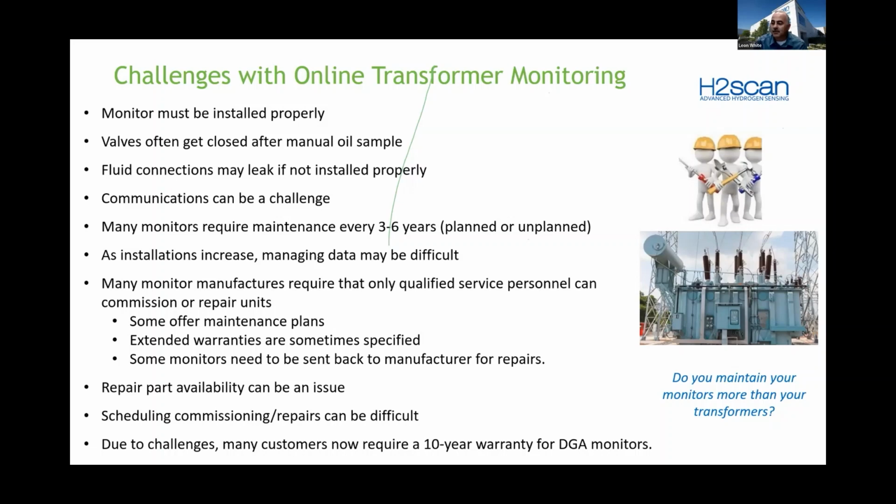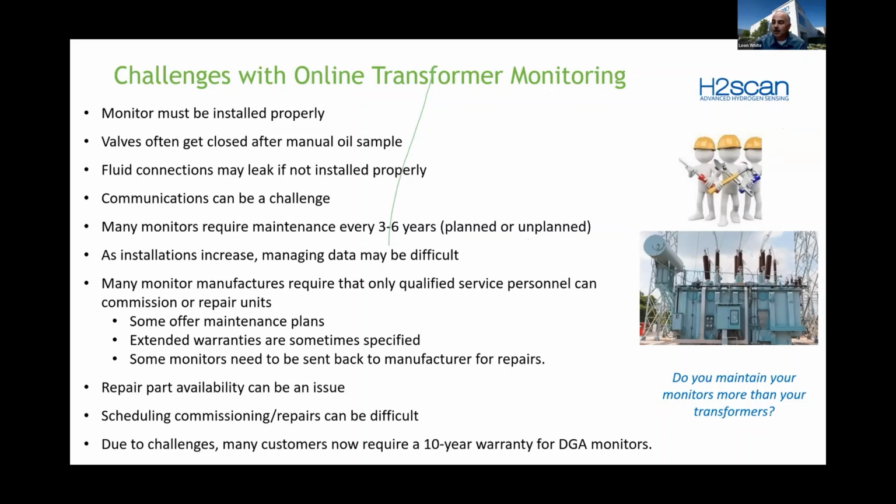As installations increase, managing the data can be difficult. So if you have a handful of monitors on your system, bringing the data back usually isn't a big deal. If you're a large utility and you're going to start installing hundreds of monitors, managing all those monitors, making sure that all the data is coming back, making sure the data is actually being used, that becomes more and more of an issue.